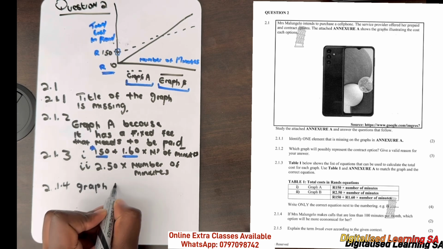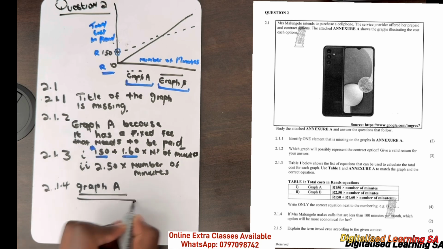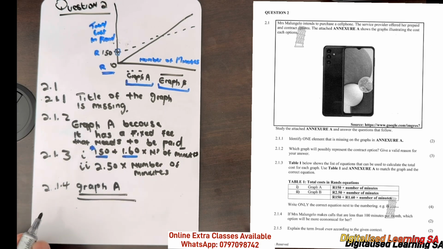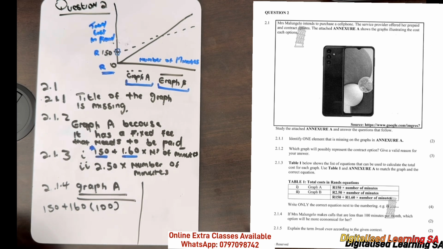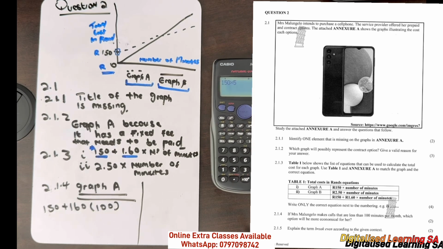We can start with graph A, and the equation for graph A is 150 plus 160, and then we can multiply by 100 because they said if she uses less than 100 minutes in a month.